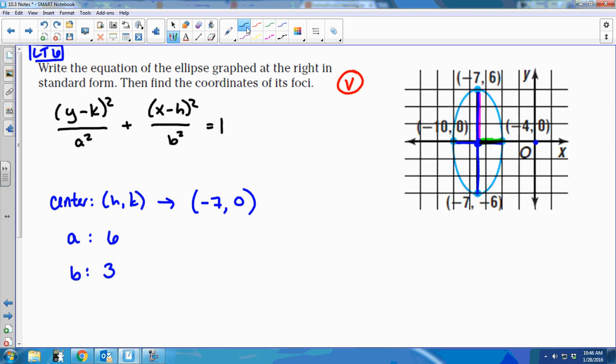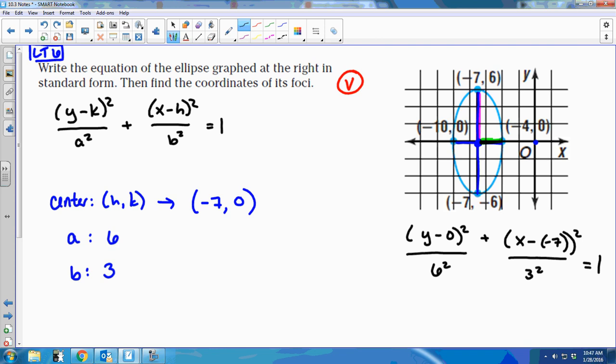So I have, be careful with h and k. K always goes with y and h always goes with x. Just be careful. Y minus 0 squared plus x minus negative 7 squared. This is over 6 squared, and this one's over 3 squared, and that equals 1.